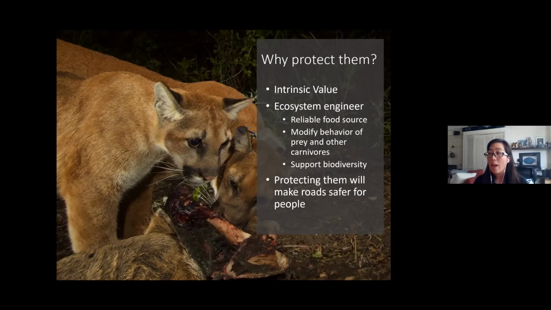And not only that, but a lot of insects and invertebrates benefit from their kills as well. And so insects and invertebrates are really good indicators of environmental health and ecosystem health. And so it's good to have that biodiversity in an area. And, as I said, they bury their prey.